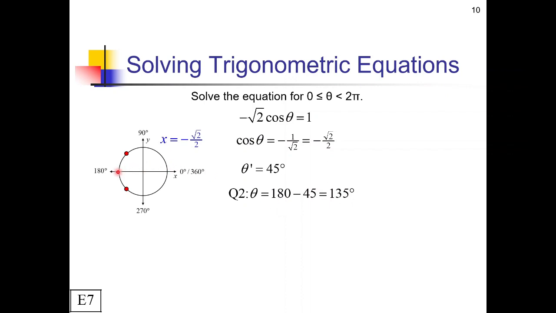Now for quadrant 3, we're starting at 180 again, but this time we're going forwards 45 degrees. So 180 plus 45, and that's giving us 225. Converting these to radians, 135 over 180 will reduce to 3 pi over 4 radians. And 225 over 180 reduces to 5 pi over 4 if you reduce by 45 degrees.